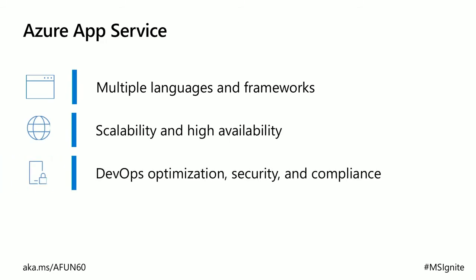You can deploy your apps from GitHub, Azure DevOps, and even Dropbox, if you believe that. App Service offers just about every piece you need to run scalable and secure web apps right there. We also offer slot deployments, where you can do blue-green deployments and scalability.